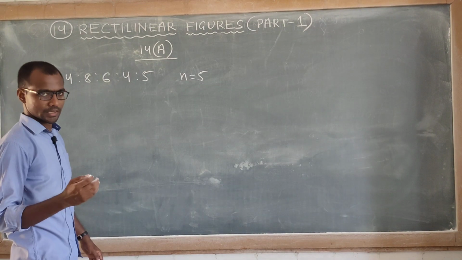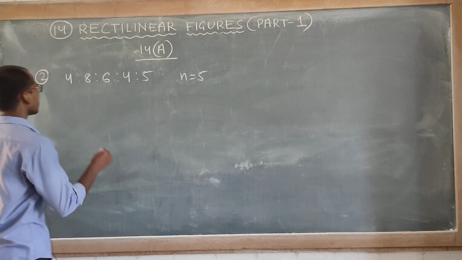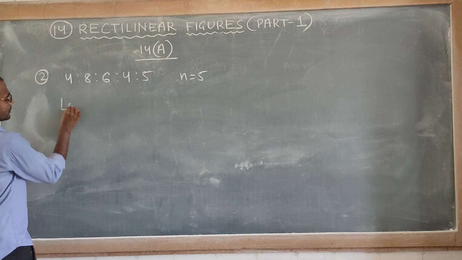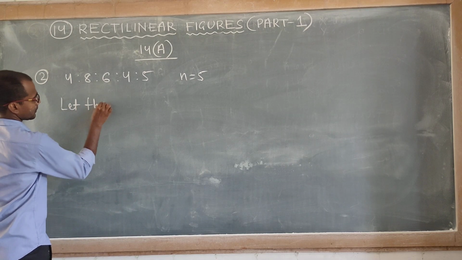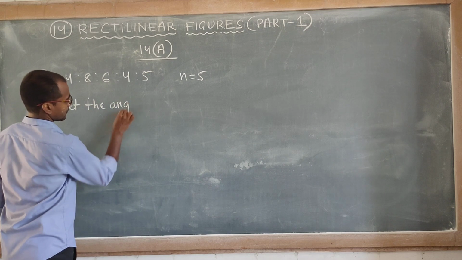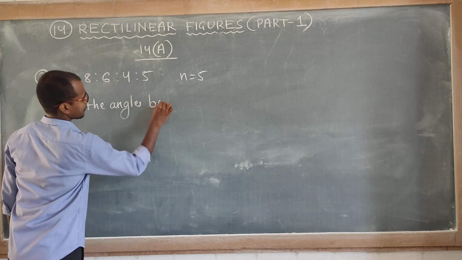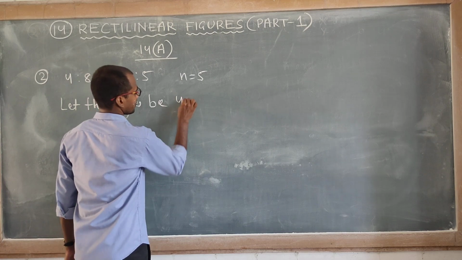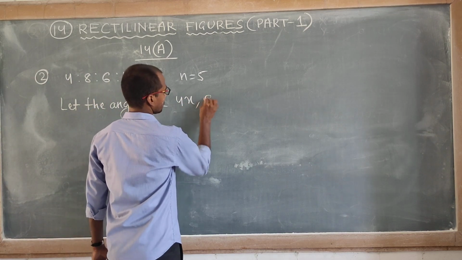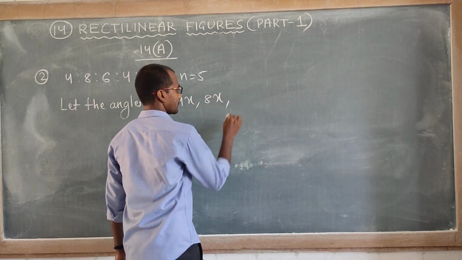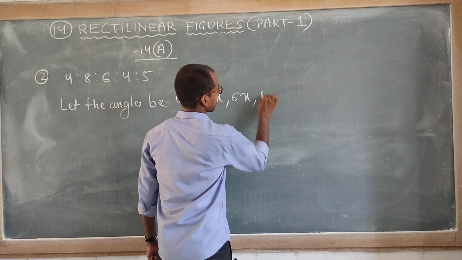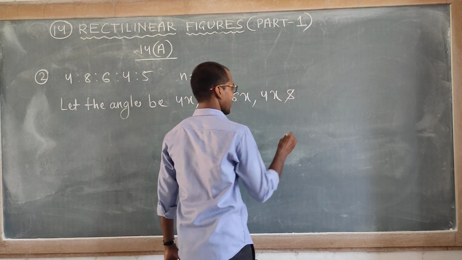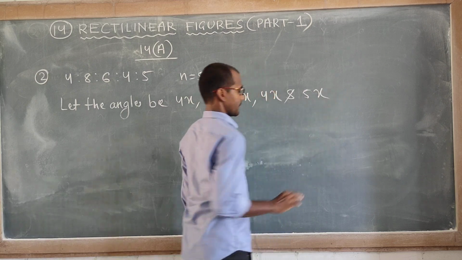Ratio is given, so let us take a variable. Let the angles be 4x, 8x, 6x, 4x and 5x.